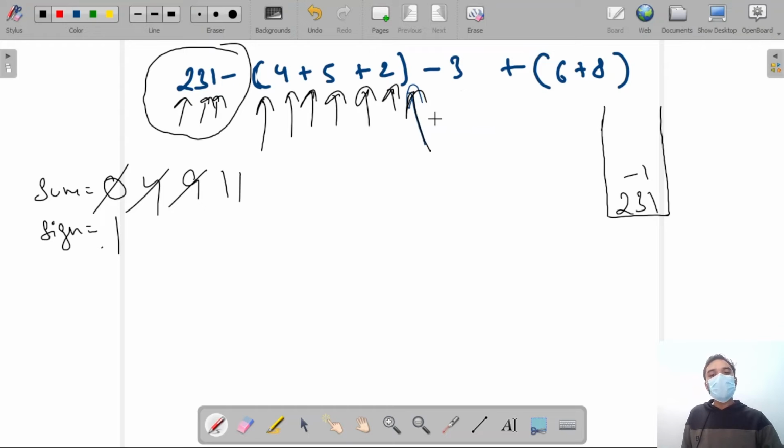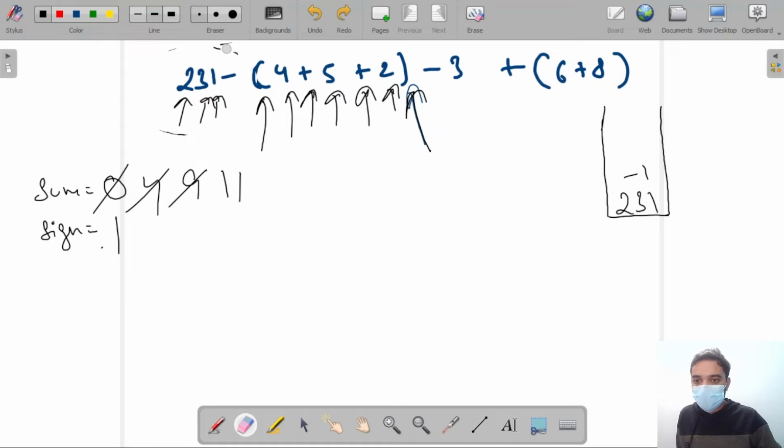So whenever I am getting a closing bracket, I have stored this sum in my stack, and this minus sign also, okay. This minus sign is useful because I have to update this bracket with the minus also, okay, fine.